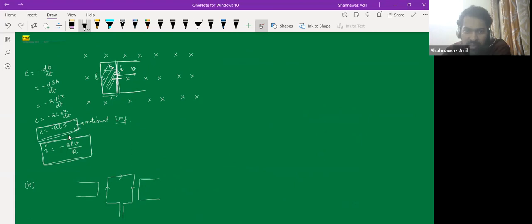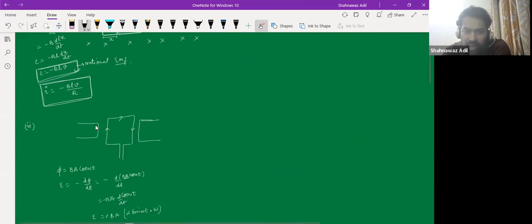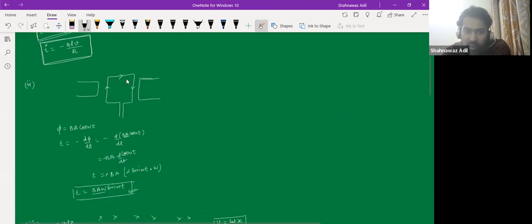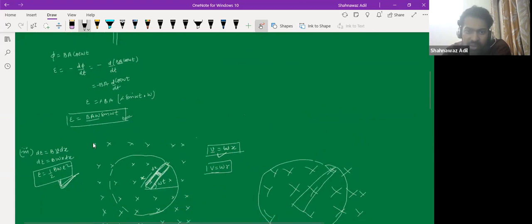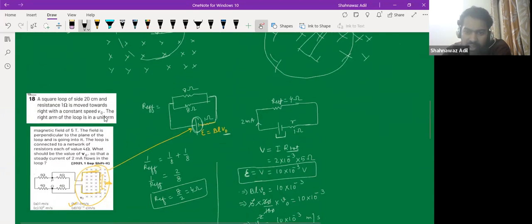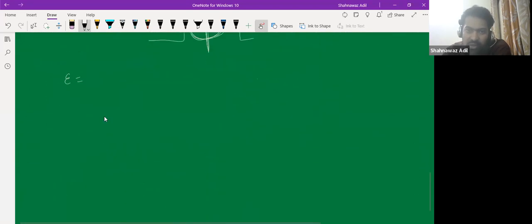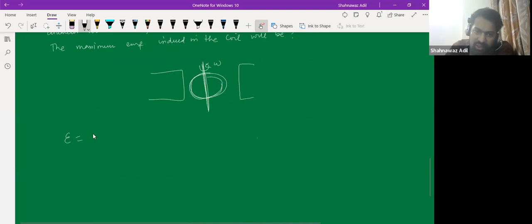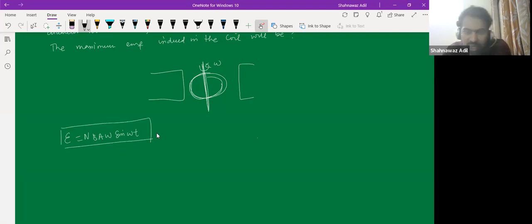But we are rotating this coil, so it is BA omega sine omega t. So the EMF is BA omega sine omega t. But we have n turns of this coil, so that would be n times that.